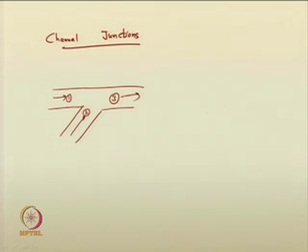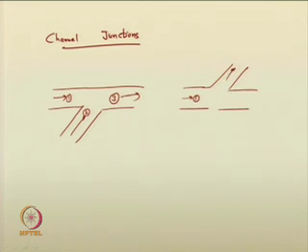Similarly, there can be the reverse also, that is one particular channel is getting diverged into 2, say this is 2, this is 3, like that. That can also happen in many cases.